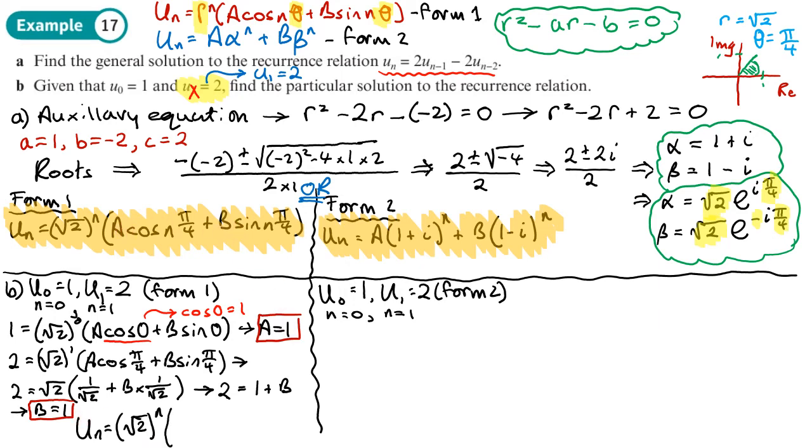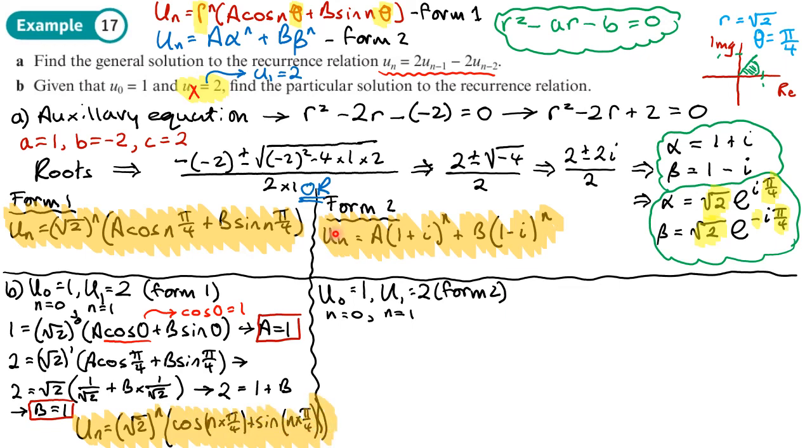So then we have cos n times pi over 4 plus sine n times pi over 4. And there we have our particular or final solution if we write it in form 1.